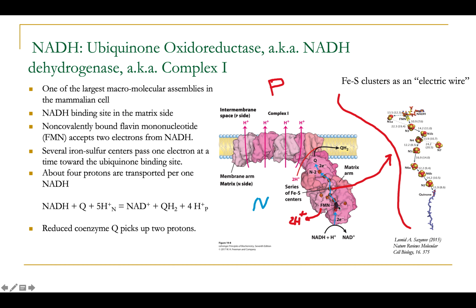The two electrons are then transferred through the chain of iron sulfur clusters located within the subunits of complex 1 within the stalk, and act akin to electric wiring that transfers electrons that finally are accepted by ubiquinone in the ubiquinone binding site along with two protons, releasing the reduced form of ubiquinone into the lipid phase of the inner mitochondrial membrane.